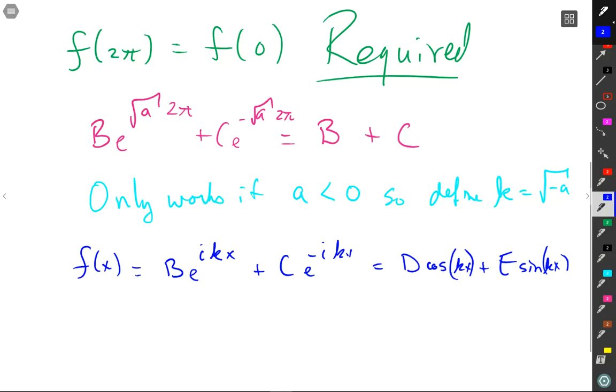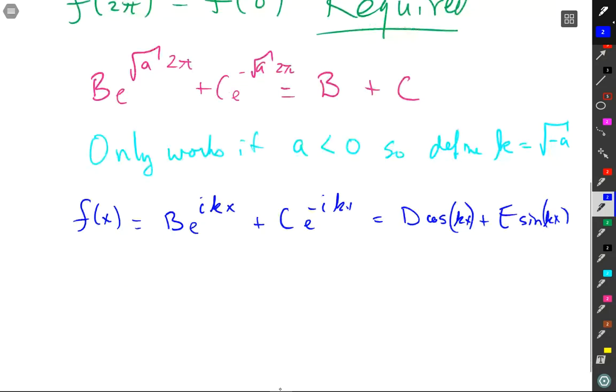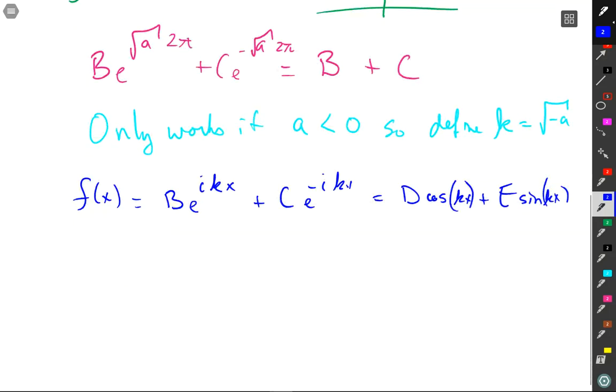And I wrote it in the sinusoidal form for the obvious reason. The obvious reason being, now if I go back to my condition, the periodic boundary condition is what this is called, that f of 0 equals f of 2 pi.